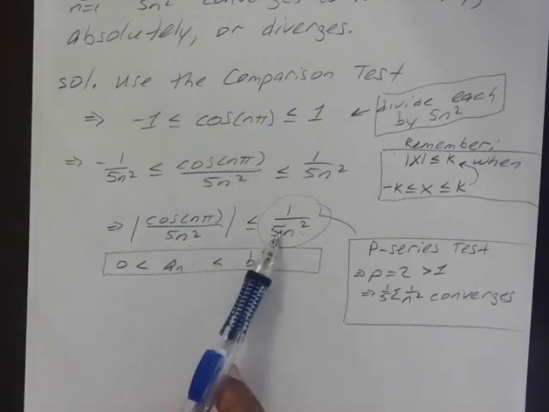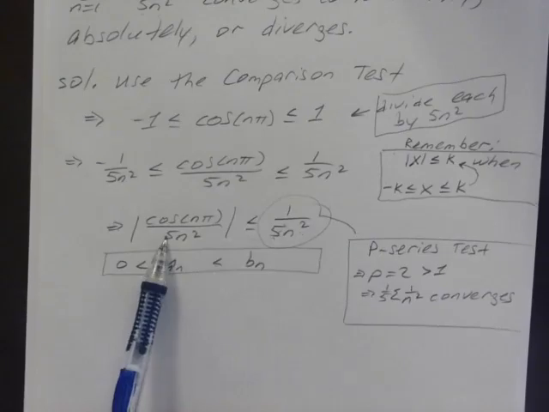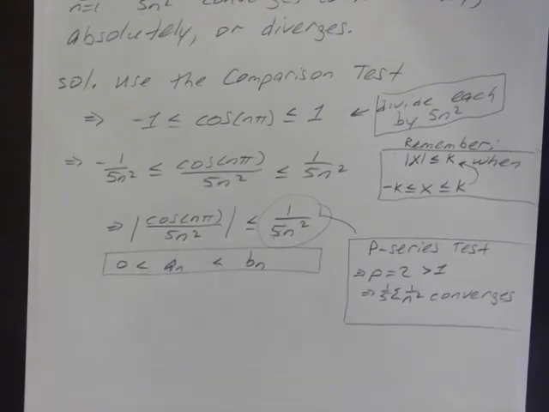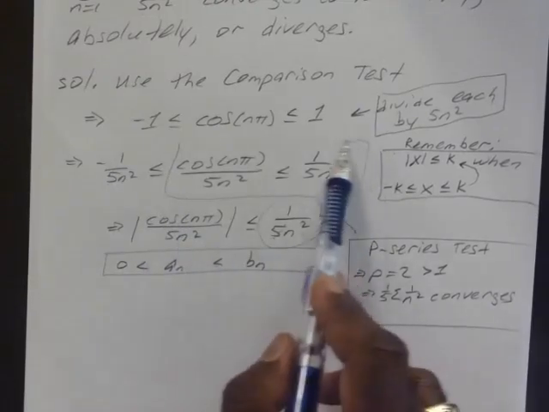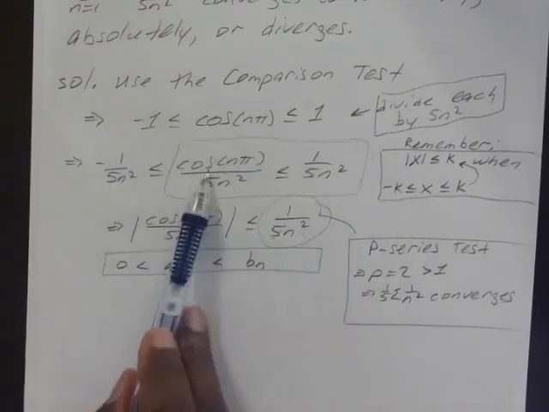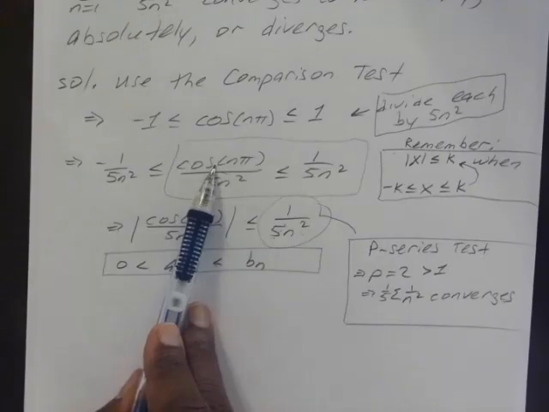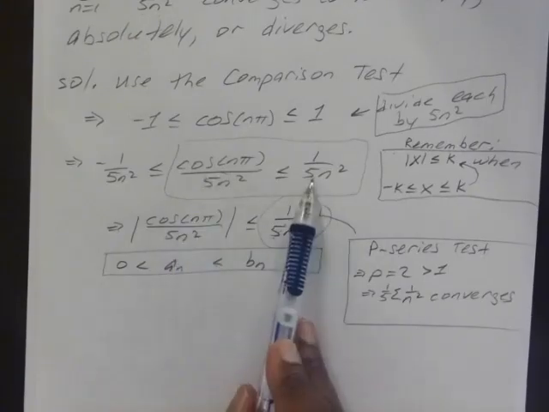Okay. So if this converges, then we know the absolute value converges. Remember, the absolute value, before we apply that, we could have just used this portion here. So we know that this a sub n also converges because this will converge too.